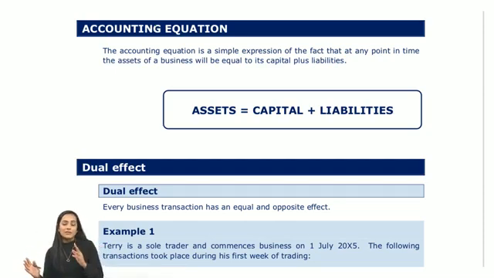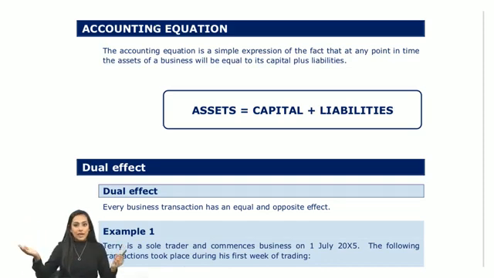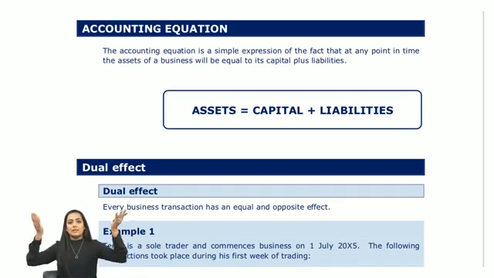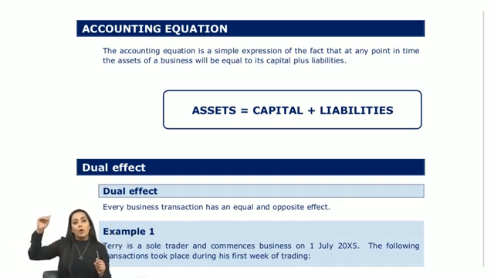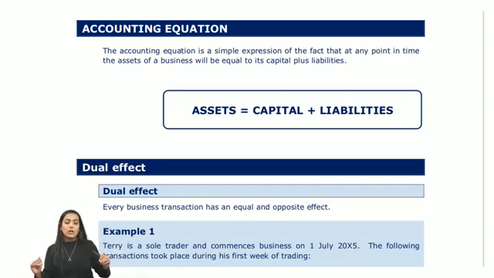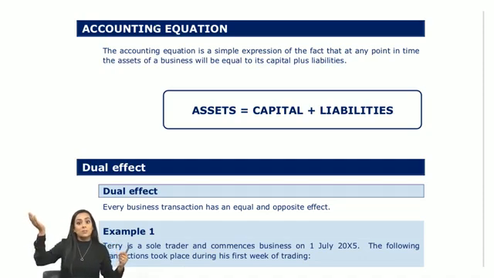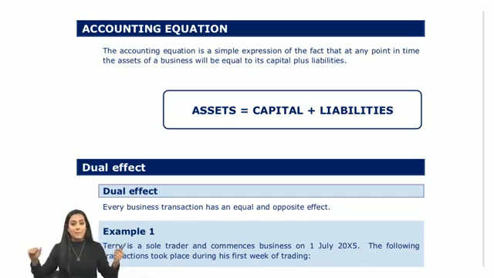You have a left-hand side and a right-hand side, and it must balance every single time. So if assets go up, if the left-hand side goes up, then the right-hand side must go up as well. Or if the left-hand side goes down, the right-hand side must go down as well. Or if the left-hand side goes up, then it must come back down again. It must balance at any point in time. This is the accounting equation.